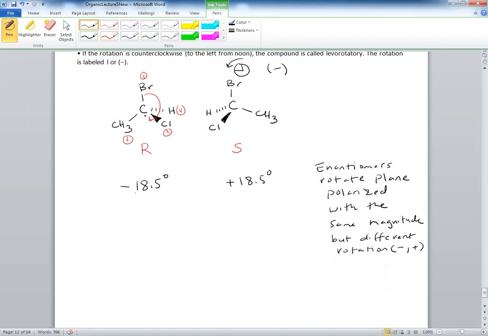So this is how the name would look. Obviously this is an R. And of course we have two carbons, 1 and 2, so that's an ethyl. So that would be 1R-1-bromo-1-chloroethane.